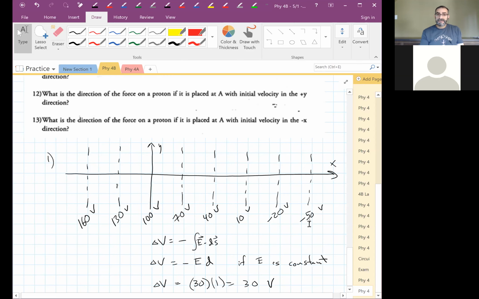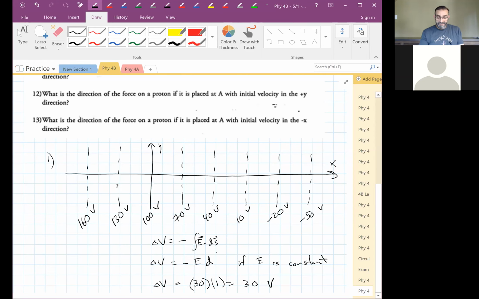So we know that they differ by 30 volts because we did the integral of E dot ds. When E is constant, it's just the electric field times the distance that gives us the change in electric potential. So we knew each one of these lines had to be 30 volts apart.